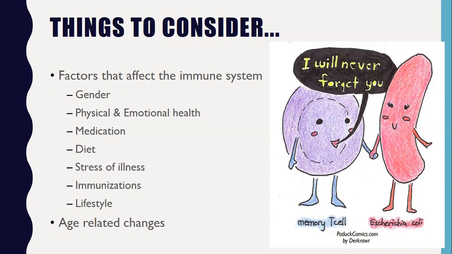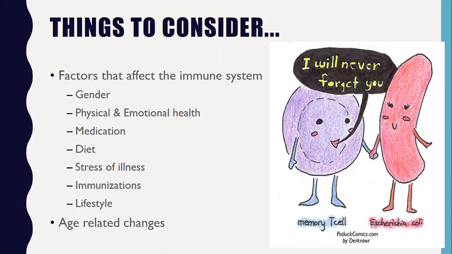Do you not belong here? It doesn't recognize some portion of its own cells as itself, and so it attacks them as non-self. So there is a higher incidence of autoimmune diseases in women than there is in men. So that may be something that affects it.